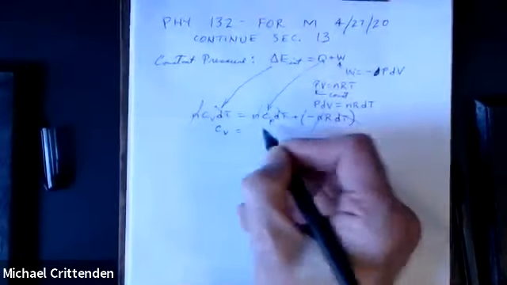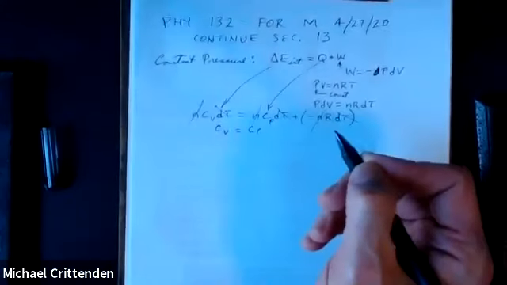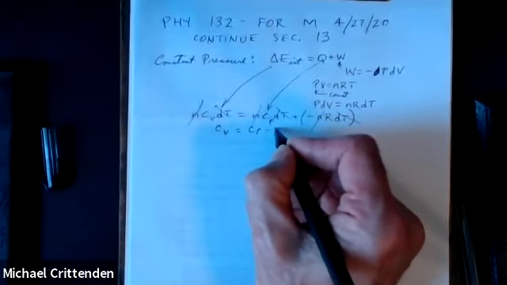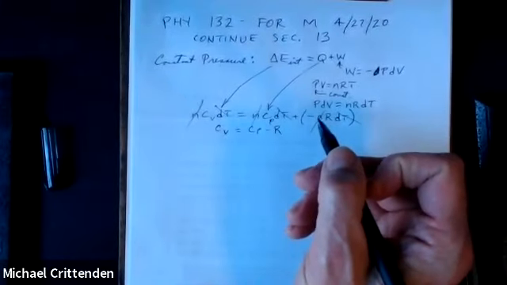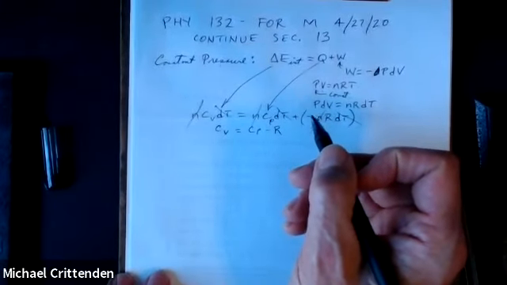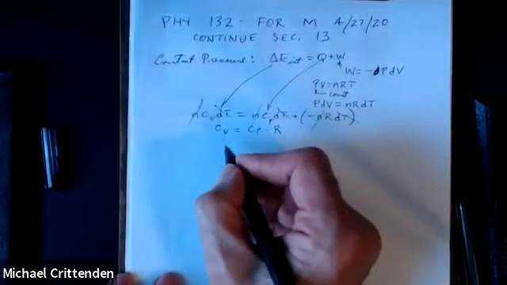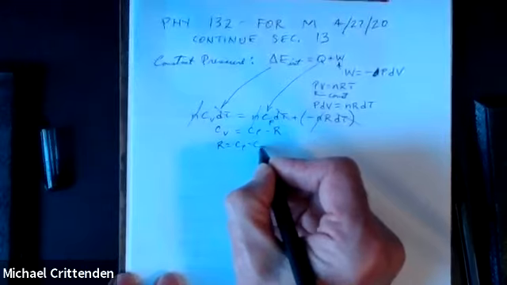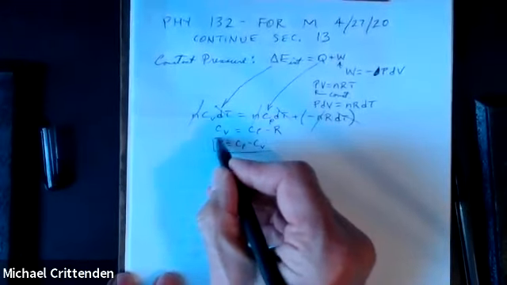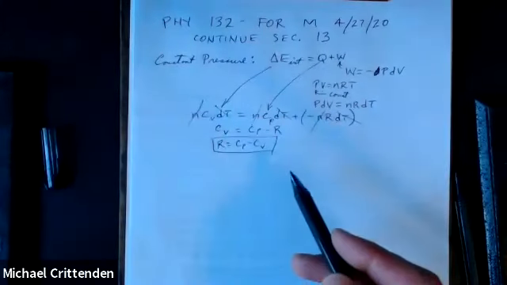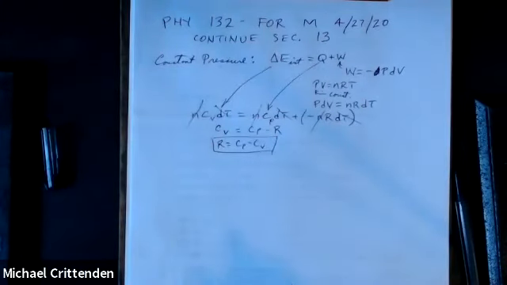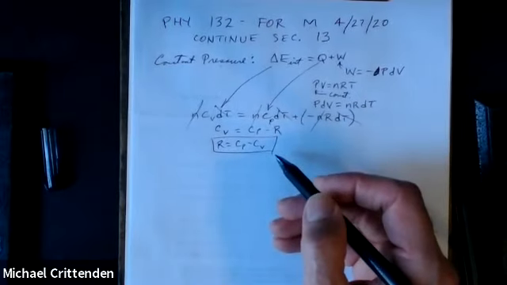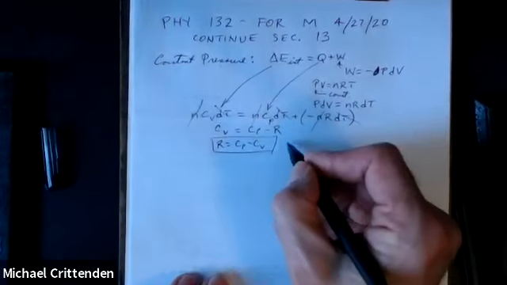And so we've got CV equals CP minus R, which, rearranging it a little bit, is usually written as R equals CP minus CV. And I made no assumptions in any of this about what kind of gas that was. That doesn't have to be helium. That could be methane or carbon dioxide.